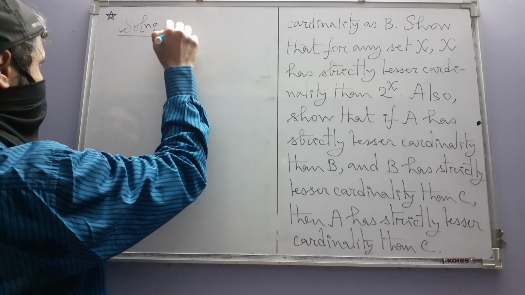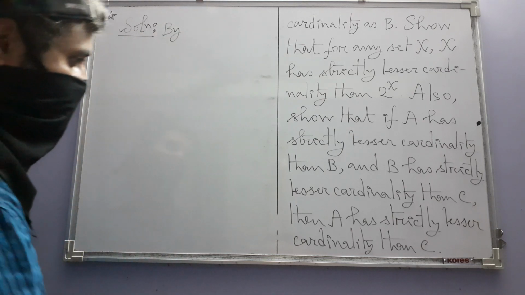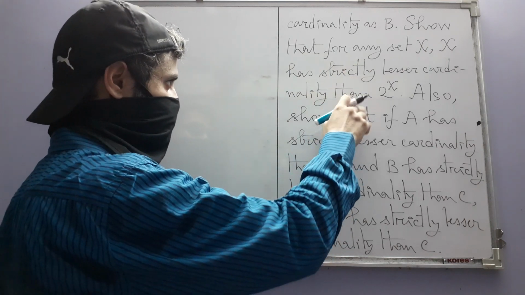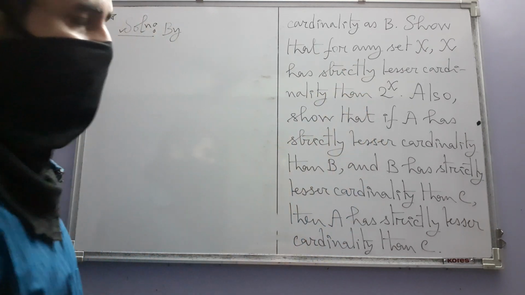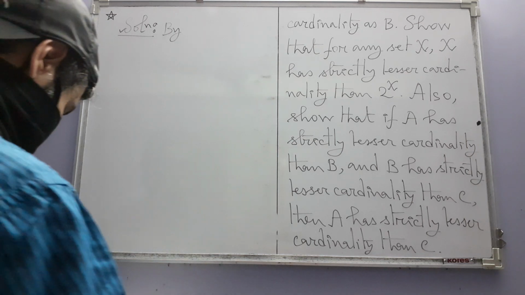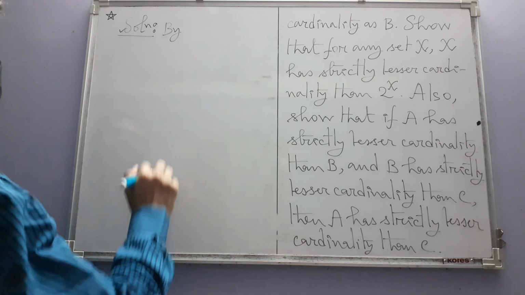So we are going to first of all recall that theorem where we proved that X does not have the same cardinality as its power set. That part we already have, and that theorem is theorem 831.